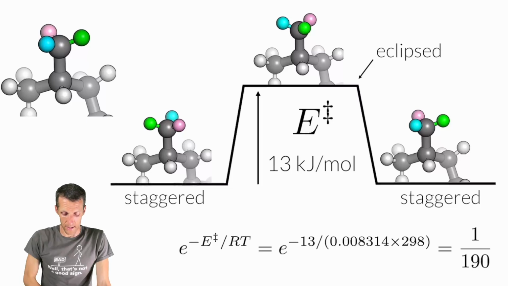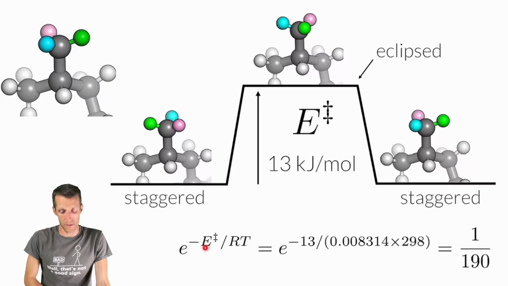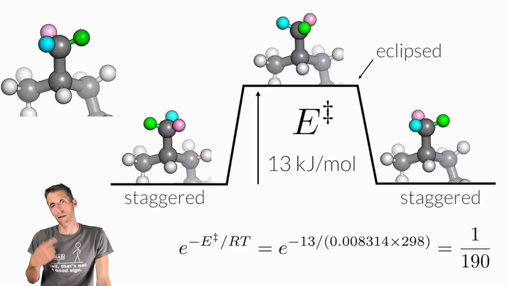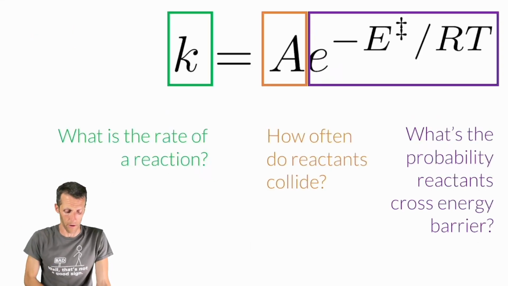And if we plug in our numbers here, the probability of this happening is 1 in 190, basically. So for every 190 attempts on average, we expect to go over this barrier, at room temperature, or standard temperature.